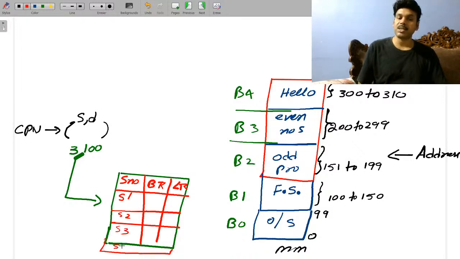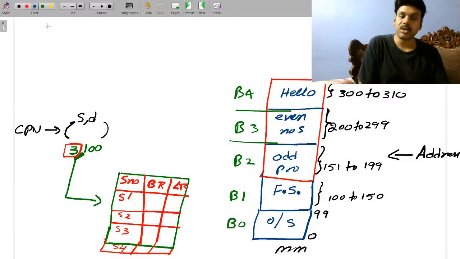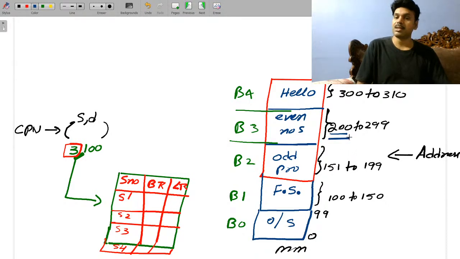As many segments as there are, that many entries are added in this. Now you see, as I am calling segment 3 only, my focus is on segment 3. For segment 3, I will tell you that the base address is a starting address, that's nothing but 200 I am sending. And it is asking how much length you need. I say that I want to go for 100.